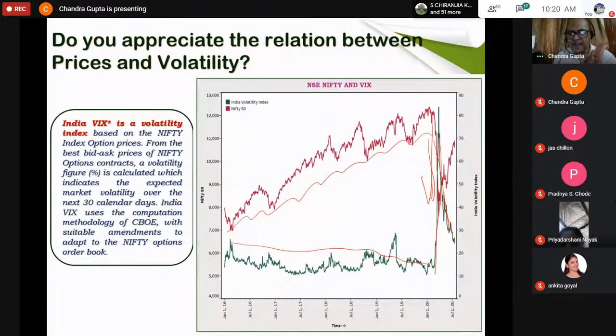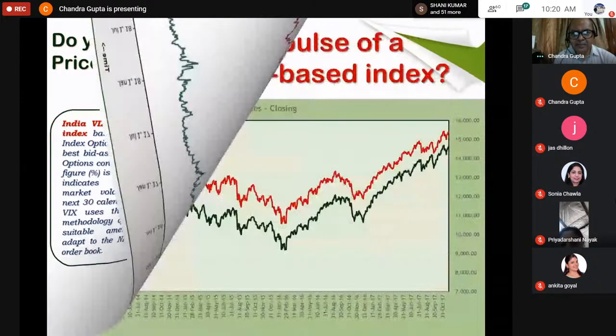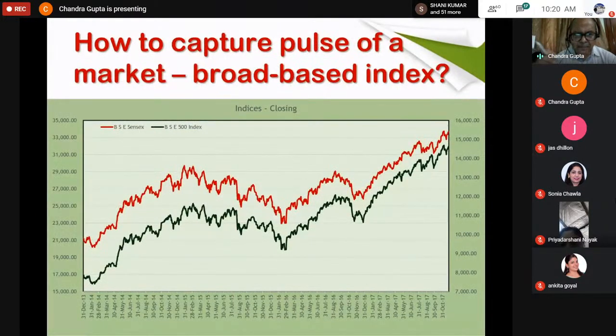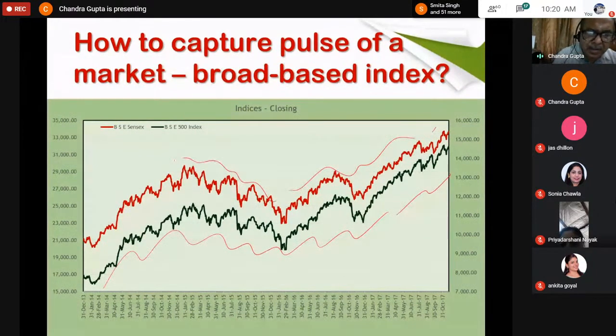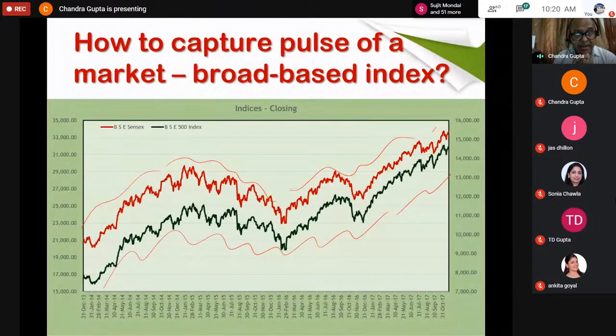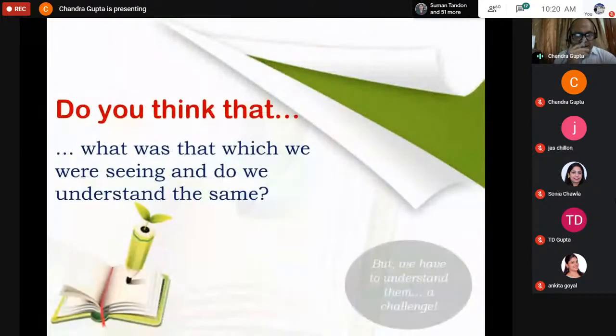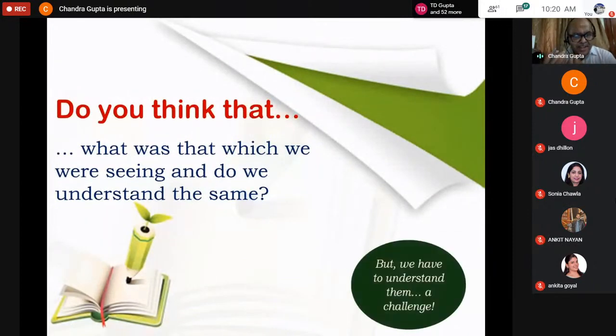Okay, so a graph gives you a lot of understanding about the behavior of the data. For example, you have BSE Sensex data and you have BSE 500 data. Both look to behave in a similar way. If they're behaving similarly, then does it make a difference if I use Sensex as an indicator of the market or the BSE 500 index as an indicator of the market? You have to take a call on it. Do you think we understand what we were seeing in this graph?